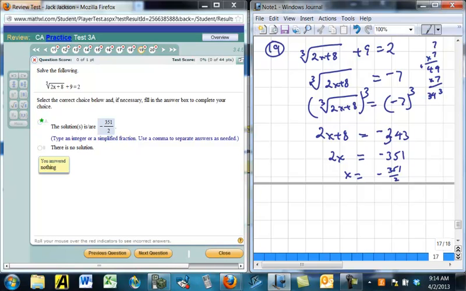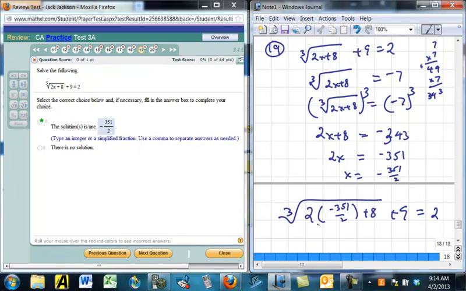Now, it's a good idea to check these, particularly if you raise to an even power, you have to check them. And this one, if we didn't make any mistakes, we're okay, but let's check it anyway. 2 times negative 351 over 2, plus 8, cube root, plus 9 is supposed to equal 2. Here the 2's cancel. Negative 351 plus 8, cube root.